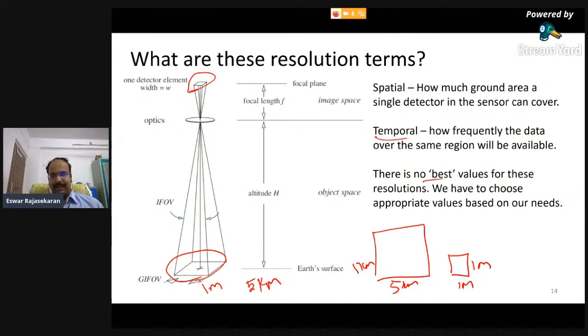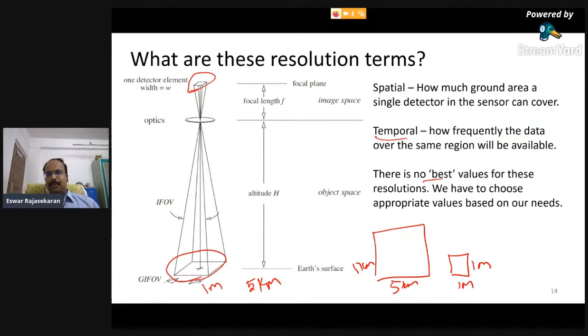Like in the first example I showed you, how the Earth's scene changed, that geostationary satellite can take a picture of Earth once every 15 minutes. So we will be getting 4 images per hour, and I think 96 images per day.